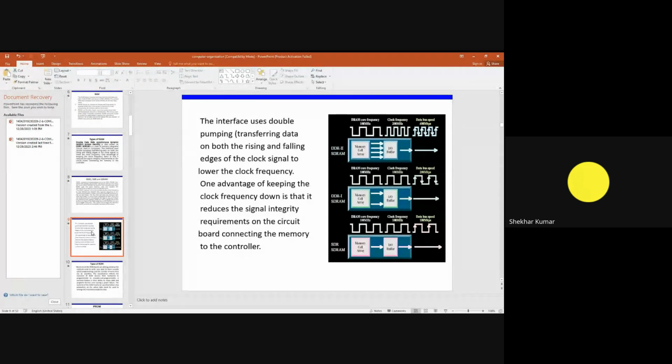So it is a non-volatile type of memory of the computer. RAM is your volatile, but ROM is your non-volatile. Non-volatile means the information stays even after a power cut or when the system has been shut down; still the information will be in the ROM.